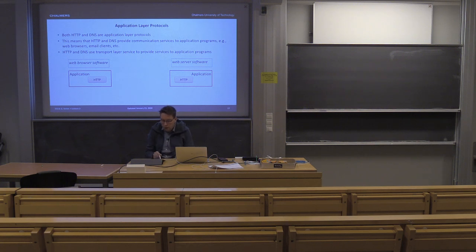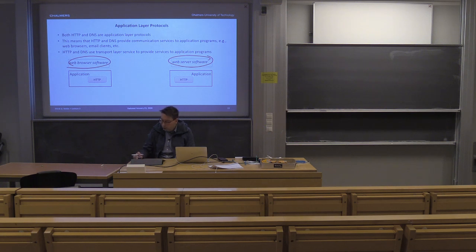To do their job, HTTP and DNS use what's known as the transport layer, which is below it. We will talk more about the naming of the layers a little bit later, so don't worry about that at the moment. It uses the transport layer service in order to provide services to application programs. So we have some software, the browser and the server software, and they need to talk to each other.